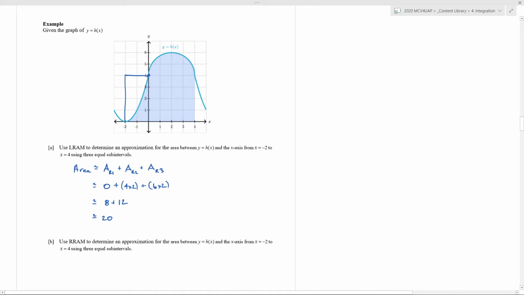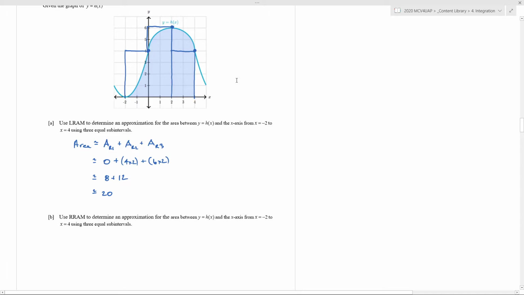My second rectangle drawn like so. And the third one like that. And you can see in each case the top right-hand corner of each rectangle forms the height, or is where I get my height from.